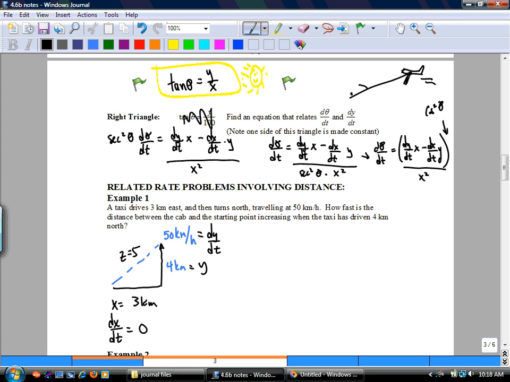Okay, so we're going only north. So we get out our derivative form of Pythagoras. x dx dt plus y dy dt equals z dz dt. Put all the numbers where they need to go. 3 times 0 plus 4 times 50 equals 5 times dz dt, which we don't know.